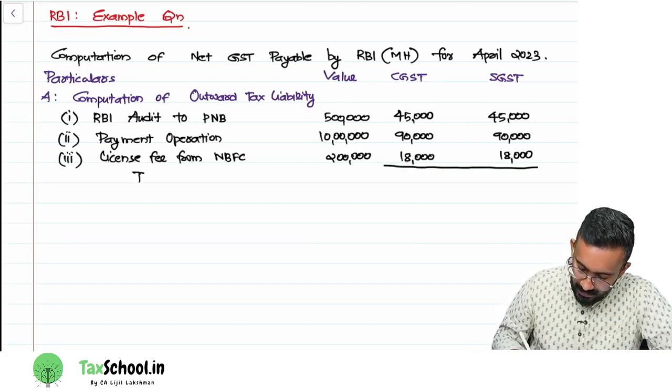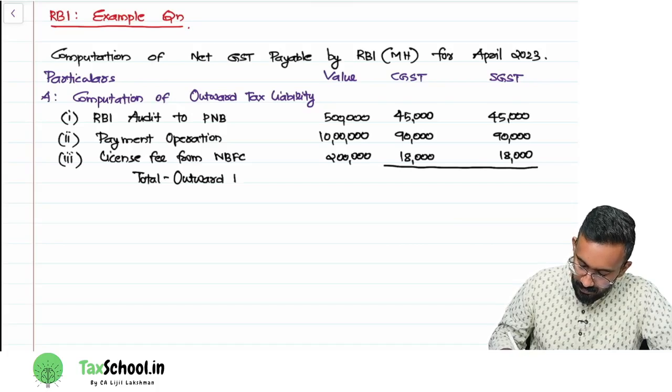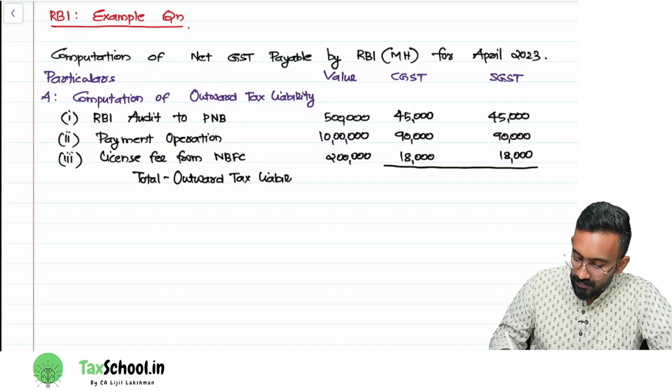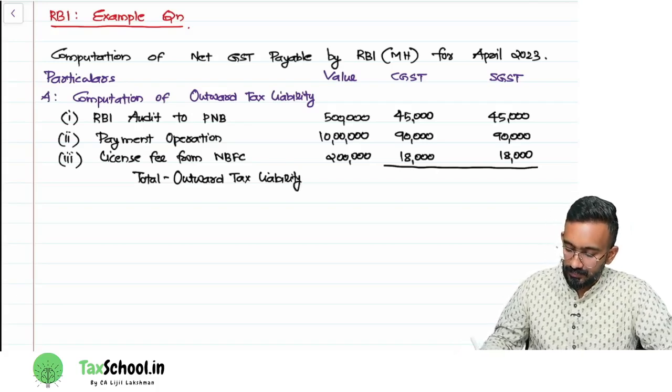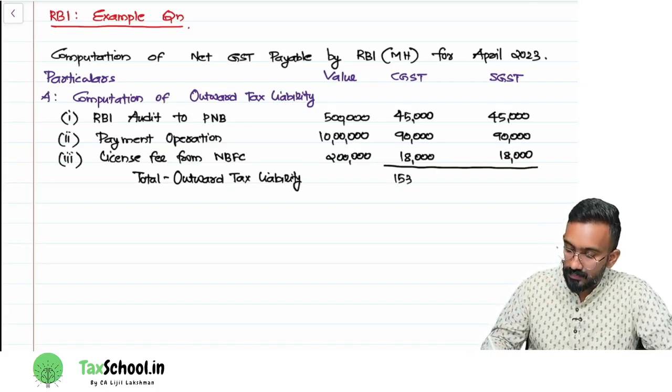So then I would write a total of outward tax liability. Can you tell me the total? Always follow the comma discipline.